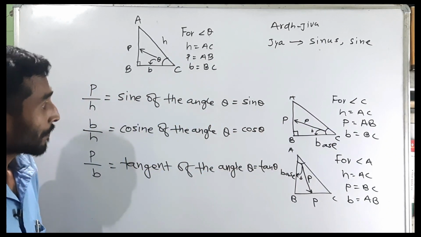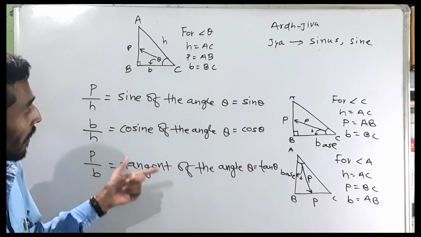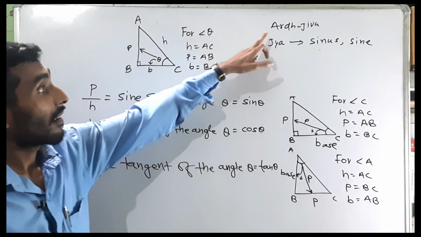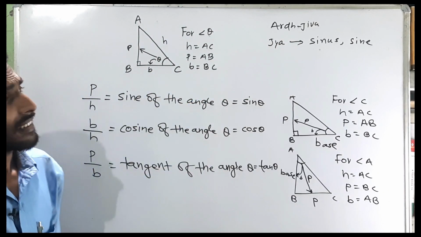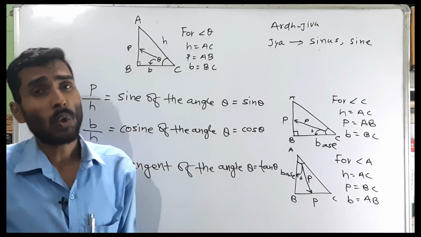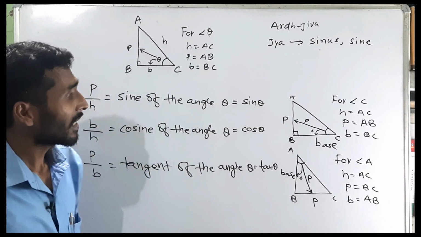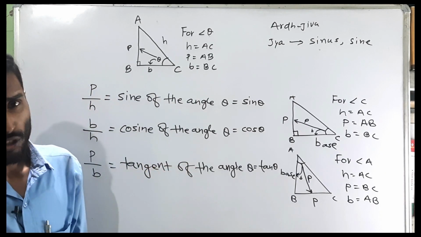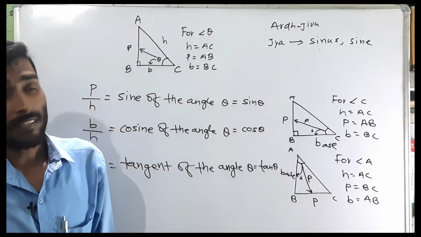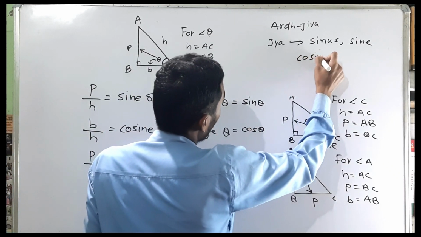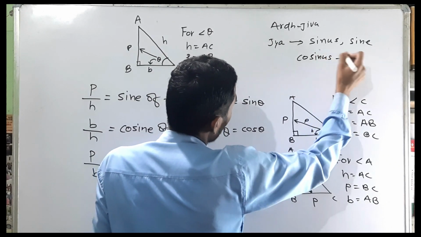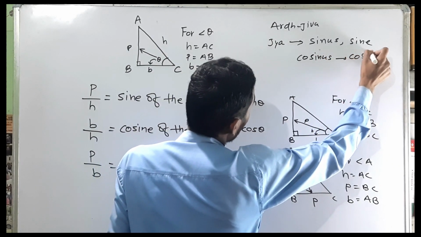In the same way, the second one was koti jiva, which was translated by the English mathematician Edmund Gunter as cosinus, and it changed to cosine.